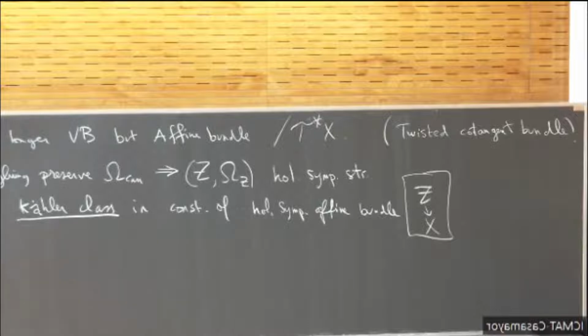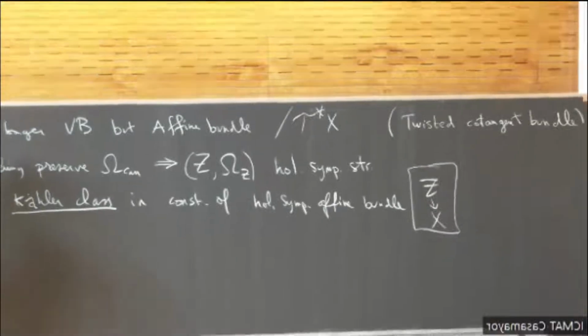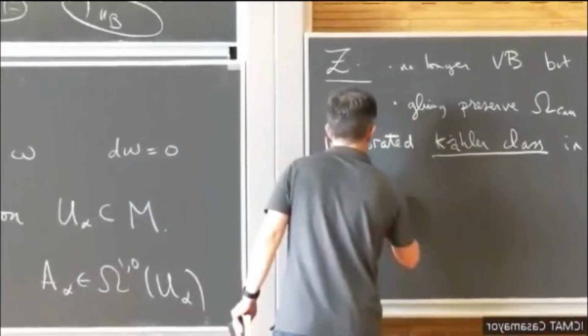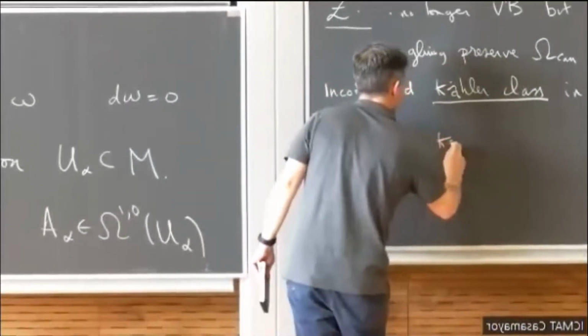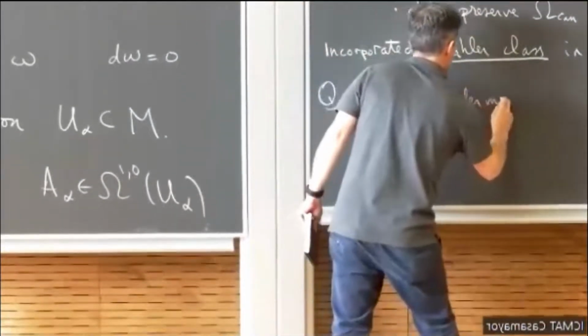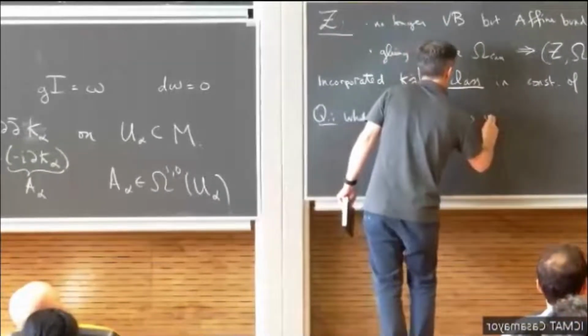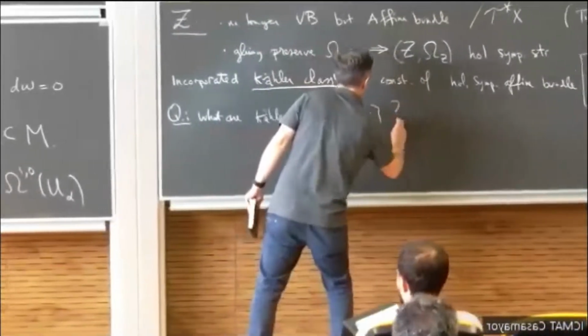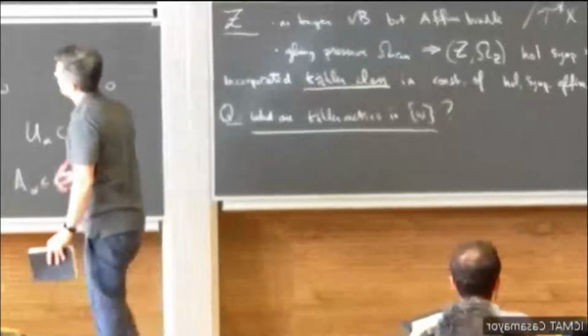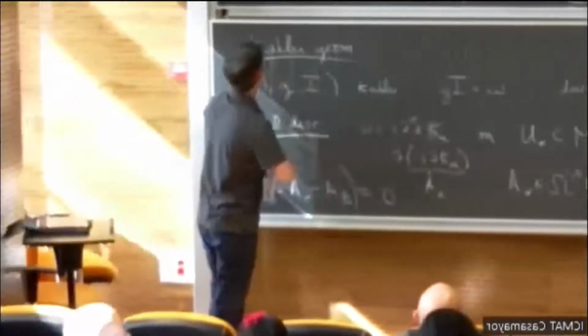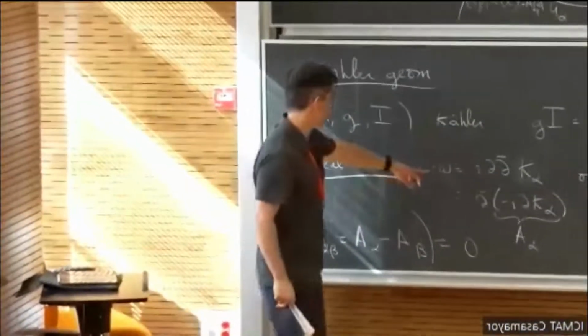Now, if that's the Kähler class, then what are Kähler metrics in the class of omega? And for this, we just go back to the construction.